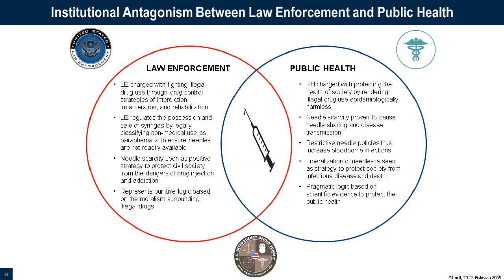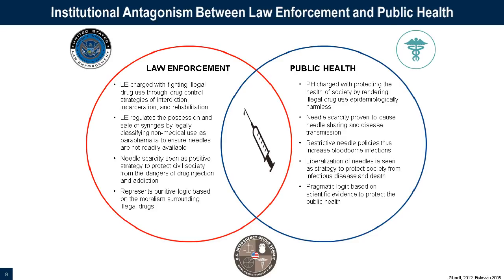The history of AIDS activism, in just this one example, can thus be seen, like other civil rights issues, as a result of an antagonism between civil society and the state, especially when the state refuses to act to protect its most vulnerable citizens. In the case of needle exchange, the antagonism is between law enforcement and public health over the best way to protect civil society from the harms wrought by illegal drugs.